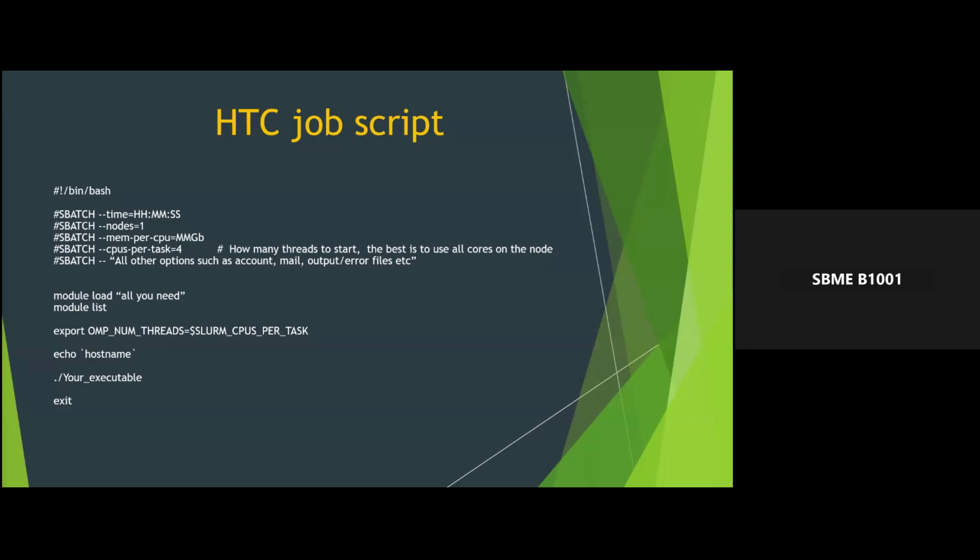Okay, so let's go, what is the best practice for the HTC job? So that's these high throughput jobs. And that's what I would like to talk about, this efficiency right now. Since high throughput is typically a job which is running on a single node, make sure that you are using this node effectively.